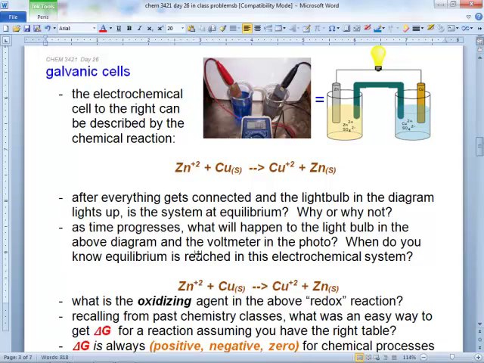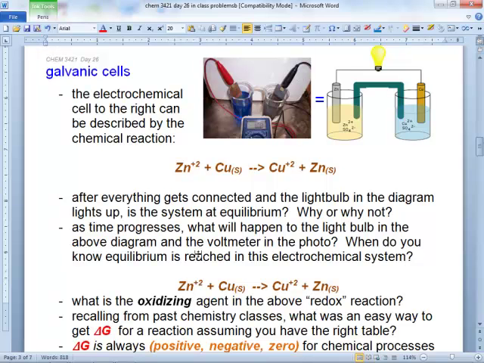When the light bulb is dead, when the voltmeter reads zero. It's done. Okay. So here's our overall reaction. Even though it looks kind of odd that you can separate compounds and have them react, you can. It's just because electrochemistry is a transfer of electrons, so this works.